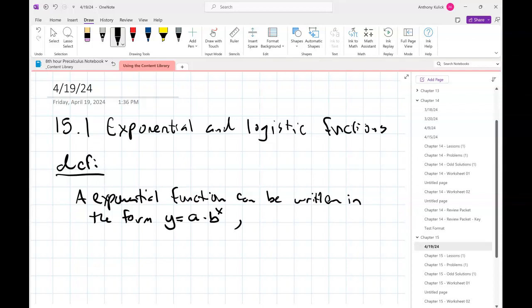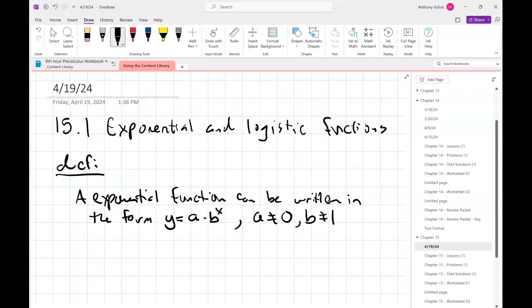But we have a couple of criteria here for a and b. We say a can't be 0. What would happen if we let a be 0? You just have y equals 0. That's a constant function. That's not exponential. We don't want to include that.